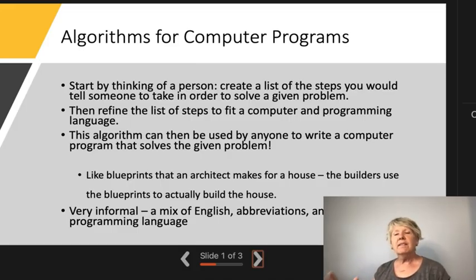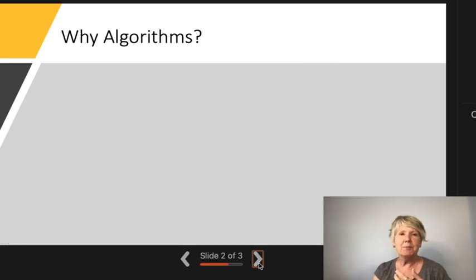They're kind of a mix of English and abbreviations and pieces of programming language that kind of sneak in. And that's how they're supposed to be. You're not supposed to spend a lot of time making them look good. You're supposed to spend time on the first step here of thinking of what the steps are. Okay? They're sort of like if you wrote them on the back of a cocktail napkin. That's how I think of them.